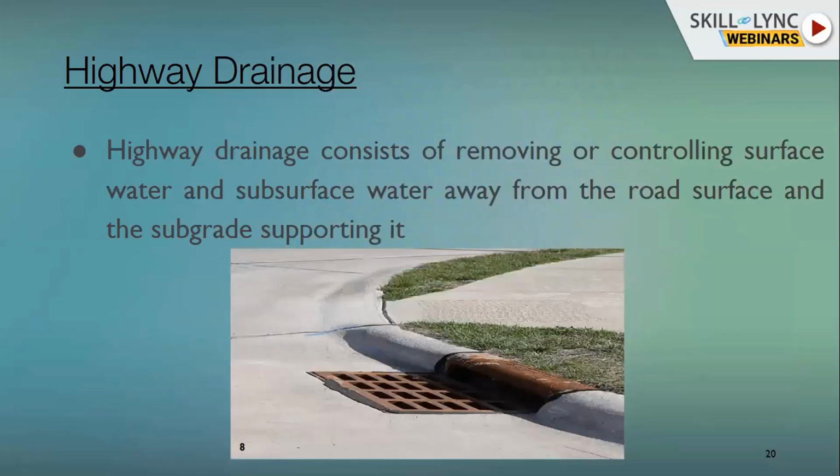Next comes highway drainage. This is one important factor for the maintenance aspect. It is said that the biggest enemy of bituminous material is water. As soon as water comes in contact with the bitumen, we need to drain it as soon as possible. There are multiple ways to do it.